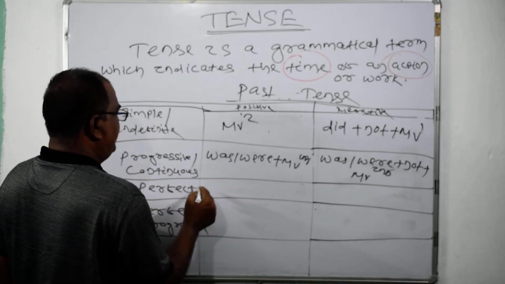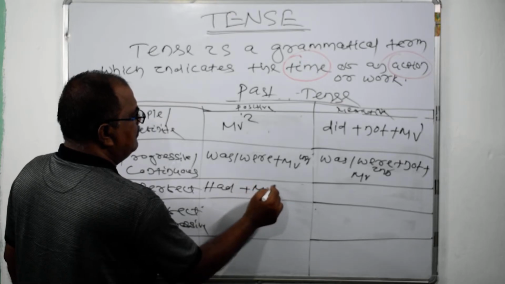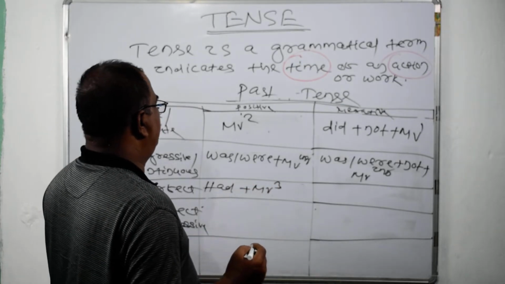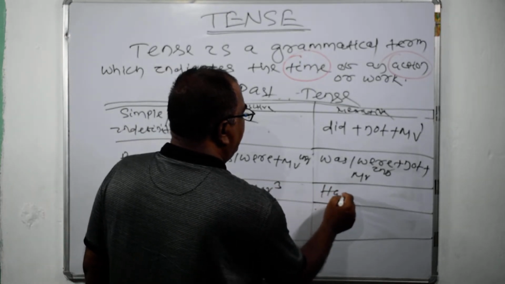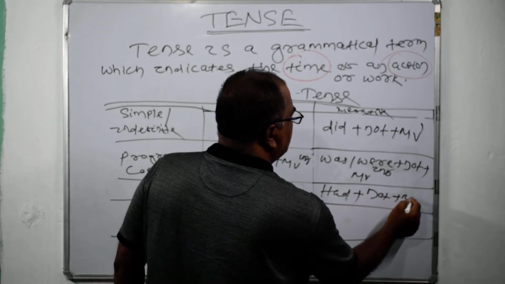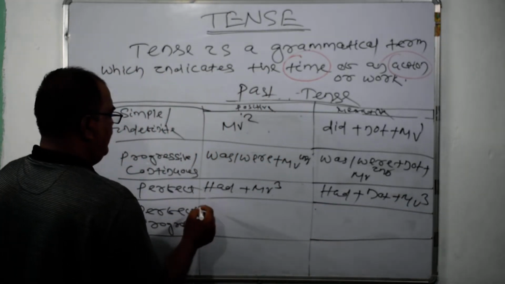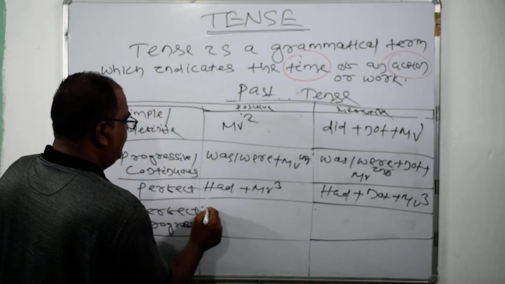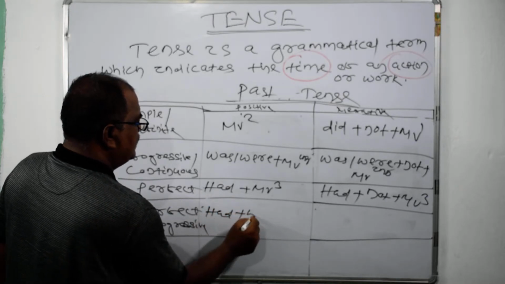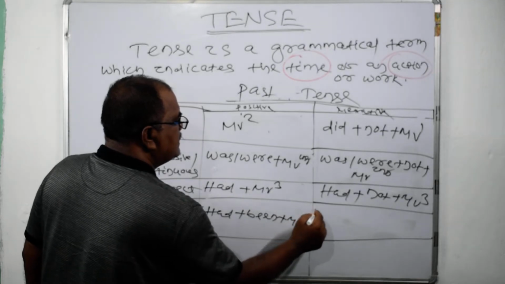Past perfect form: had plus MV3. It is in positive form. Its negative form is had plus not plus MV3. Past perfect progressive verb form: had plus been plus MV ing.